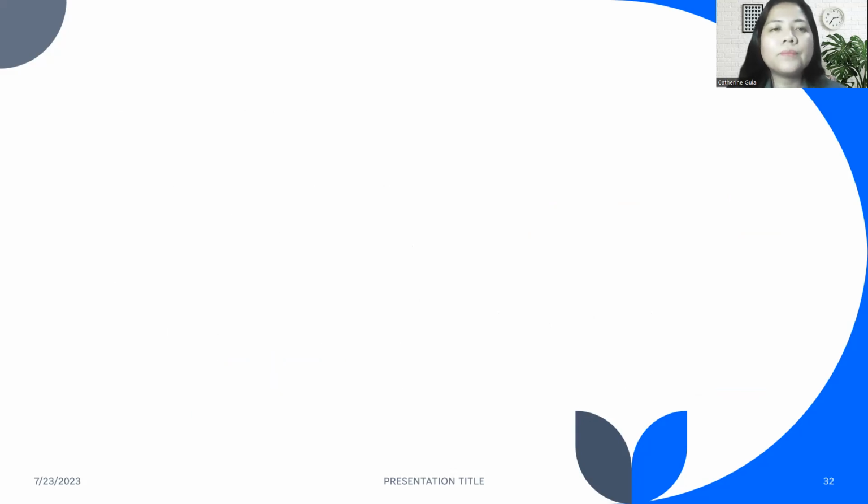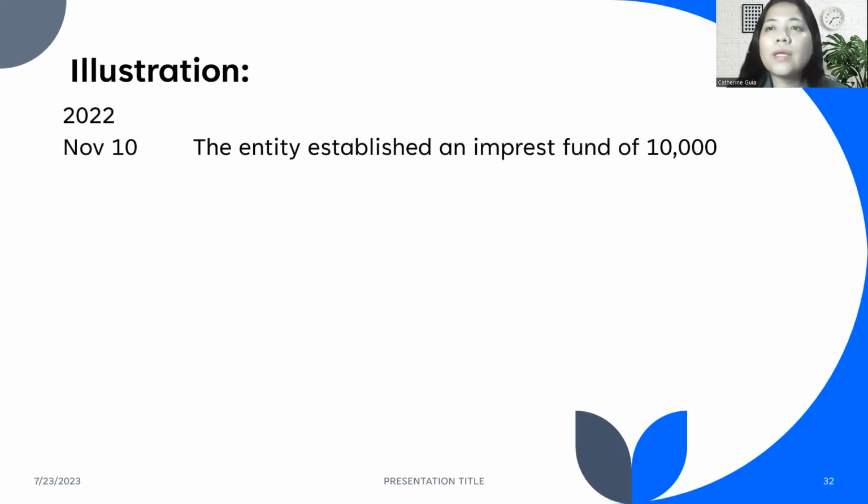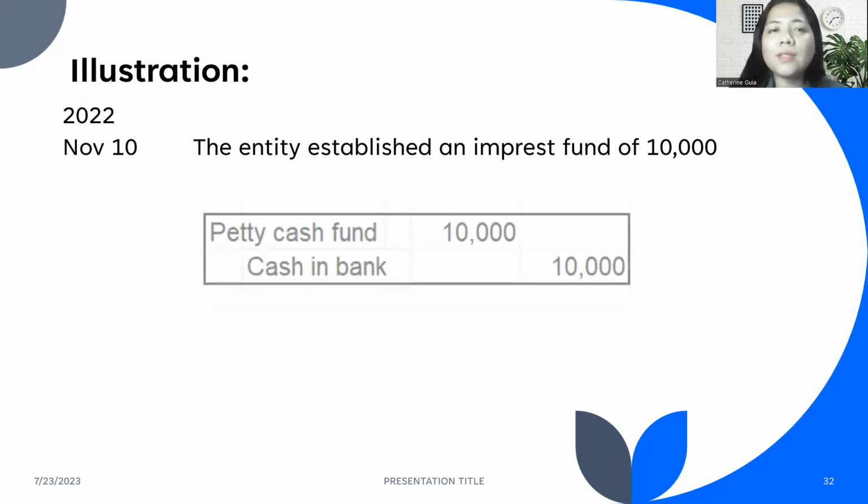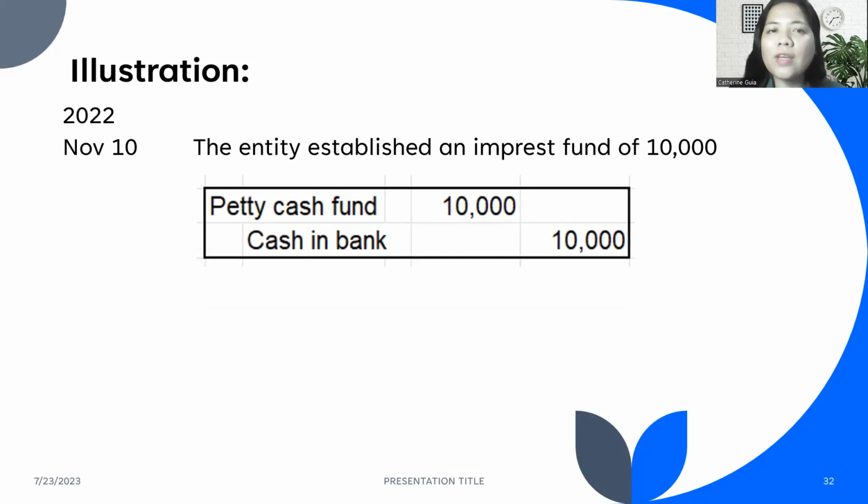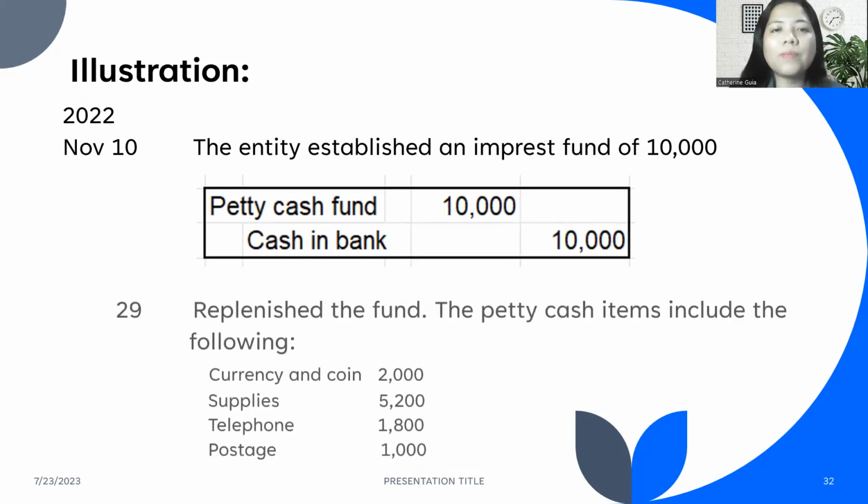Let's have an actual example, an illustration for our imprest fund system. Let's say November 10, 2022, the entity established an imprest fund of 10,000. So basically, the entry is you debit petty cash fund 10,000 and you credit cash in bank 10,000.